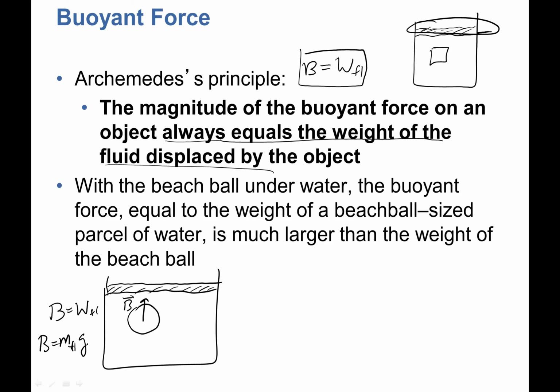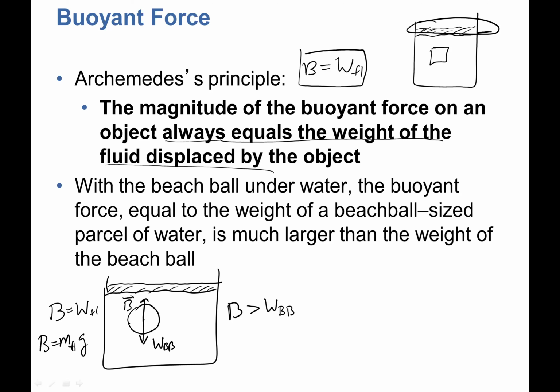Remember, this buoyant force should be compared to the weight of the beach ball. Why? Because the beach ball has its gravitational force, and remember, gravitational force is the same as weight. So there's the weight of the beach ball acting on it, and then the buoyant force.